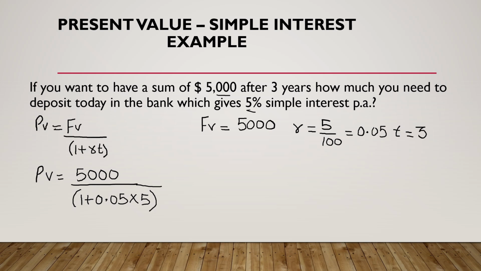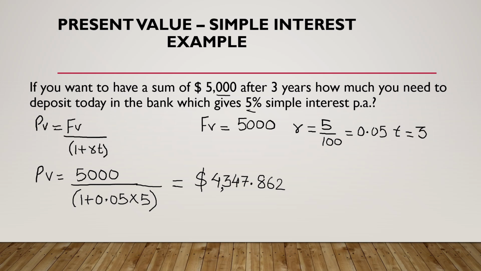So when we calculate this, the answer is 4,347.862. So this is my value of money at the present time.